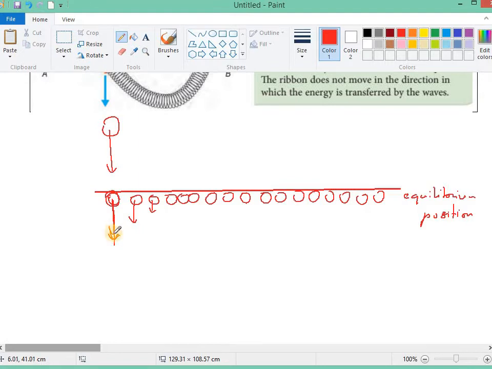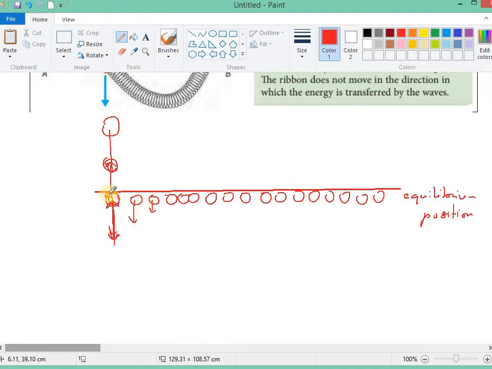When it goes back up, is it going to stop at the equilibrium position? No, it's not going to stop. It will continue to go up until over the equilibrium position. This results in all the following molecules following suit. They will all follow together.